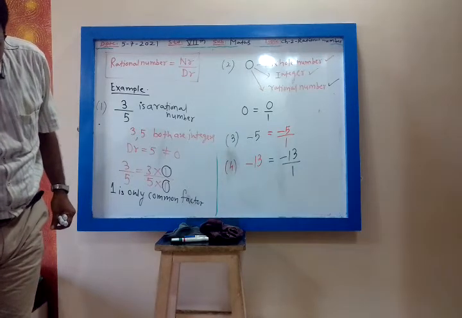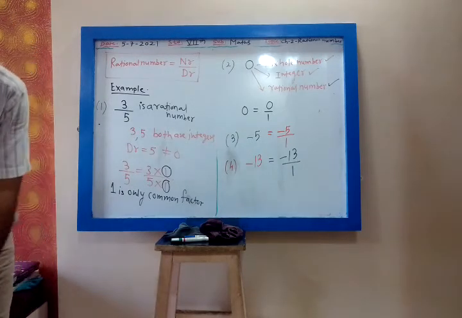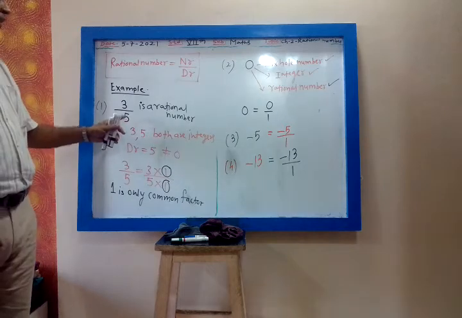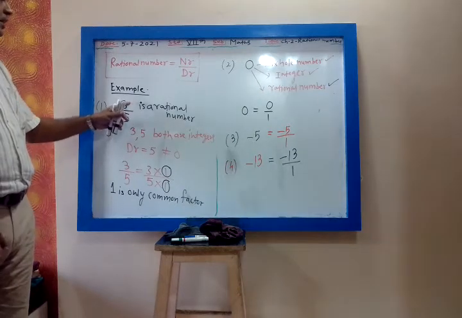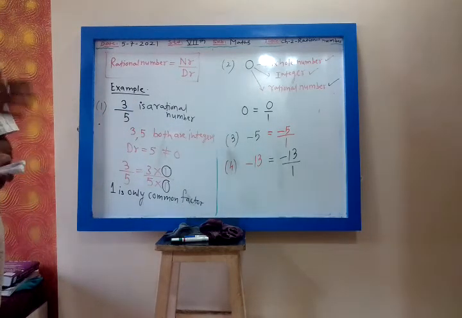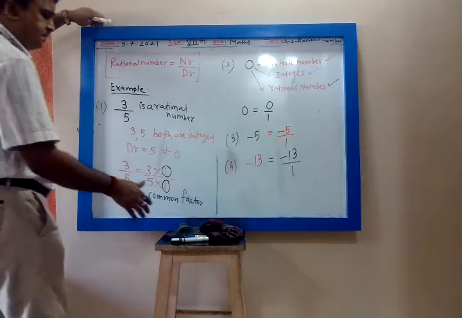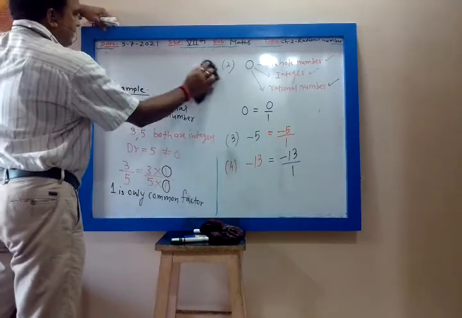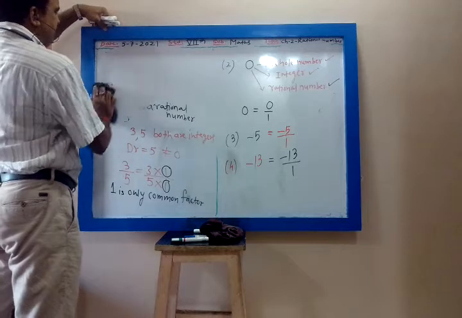So you remember, any rational number will have numerator and denominator both. Denominator should be non-zero, and the only common factor between numerator and denominator is 1. Then that number is a rational number. Because in a natural number there is no denominator.